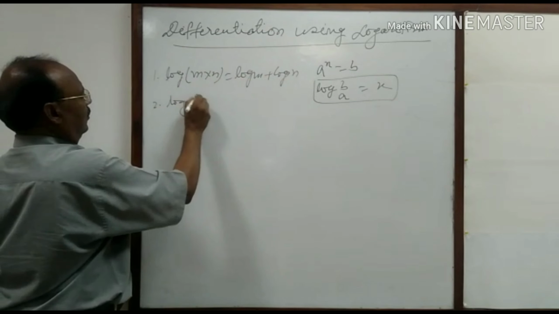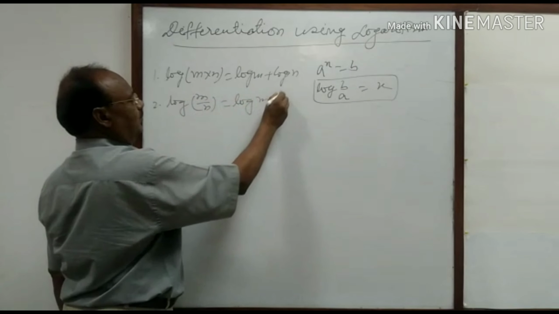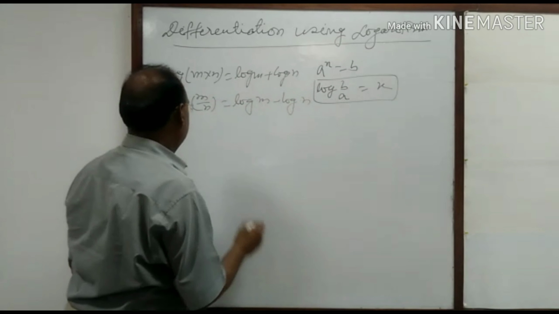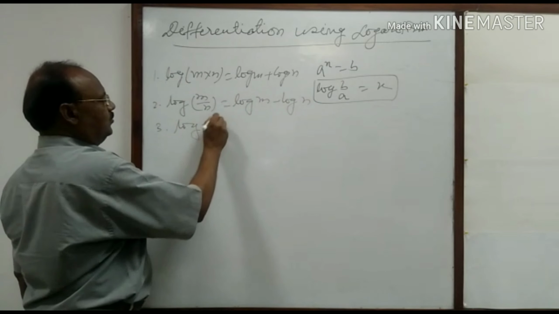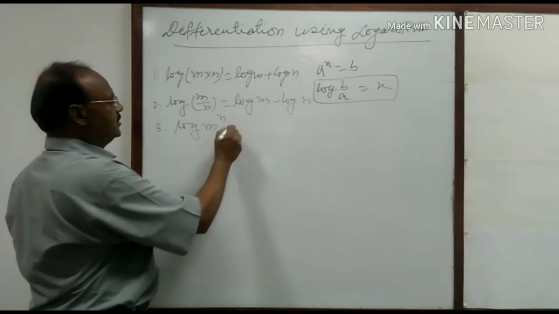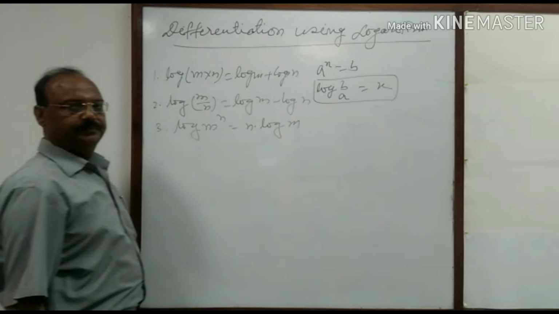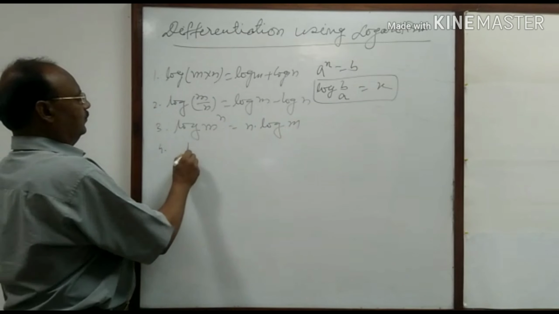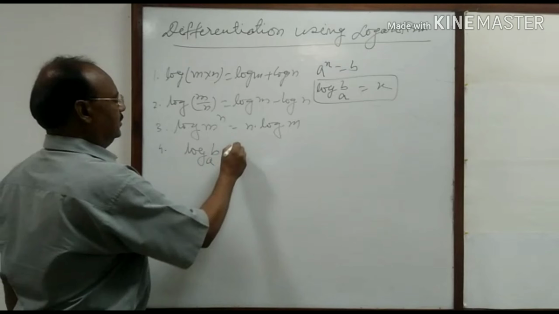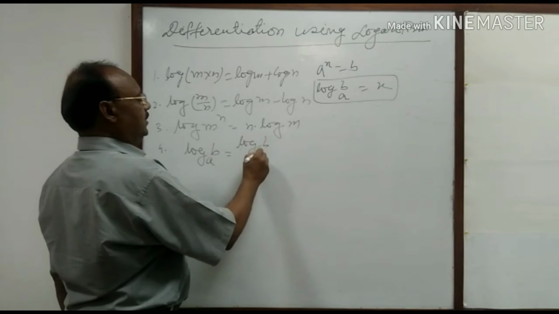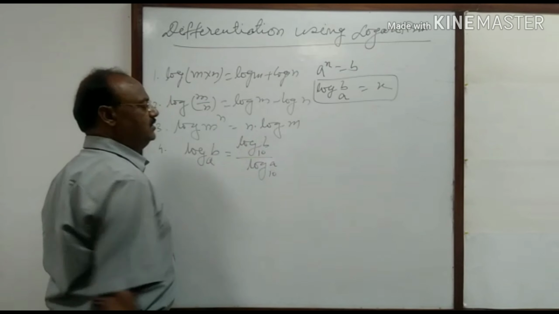Second, log of m upon n is equal to log of m minus log of n. Third, log of m to the power n is equal to n times log of m. And fourth, log of b to the base a is equal to log of b to the base 10 upon log of a to the base 10.